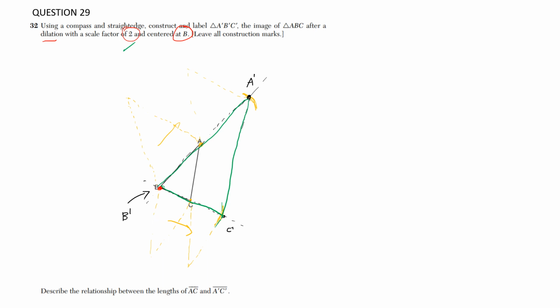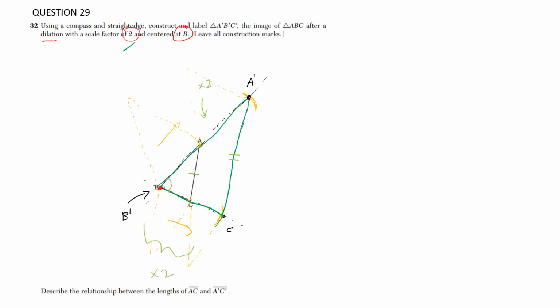So now we have to describe the relationship between lengths AC and A prime C prime. That's this here, I'll mark it with 2 ticks, and this here with 1 tick. Okay, so we know that these two triangles are similar. And how do we know that? They share an angle here, and we just scaled up this side by 2, and this side by 2.